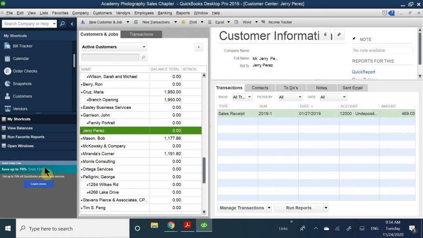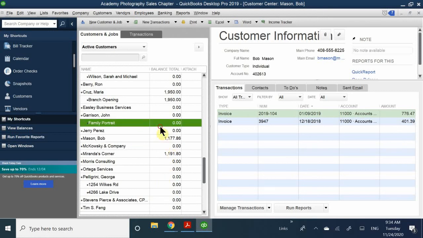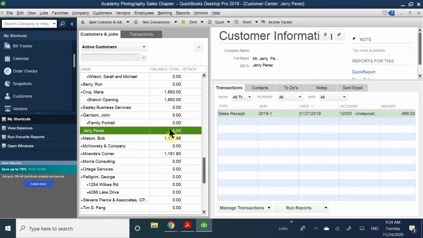Now, Mr. Bob Mason down here, he owes us a lot of money because we sent him 2 invoices already. He has not paid me 1 dime. So that's the difference in the customer center: these balances right here are your accounts receivable. Mr. Jerry Perez paid us the minute he had his service done.